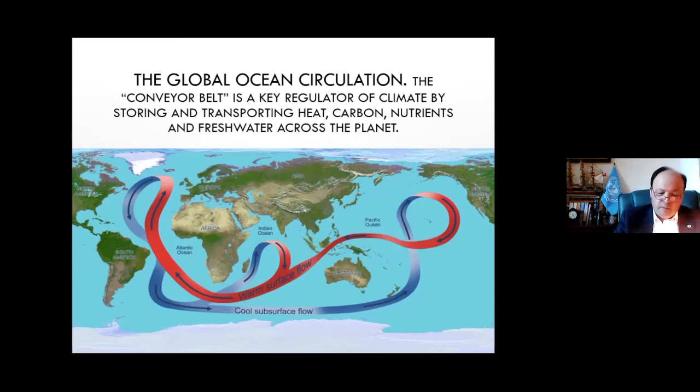Without them, the planet would most probably overheat. The polar regions, part of the cryosphere, reflect heat in the form of radiation because of what is called albedo, the capacity to reflect heat in the form of radiation.